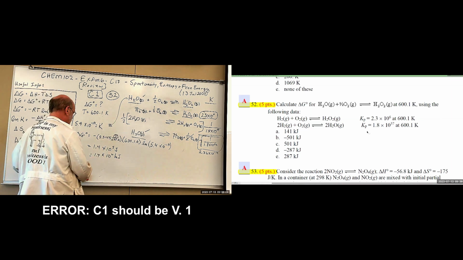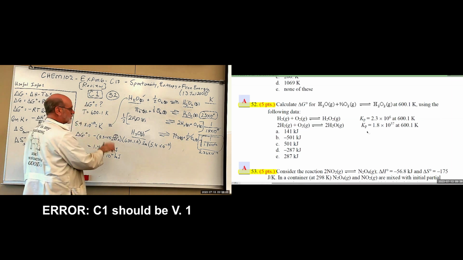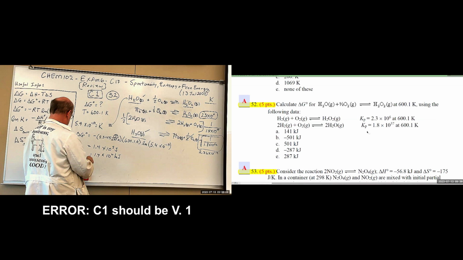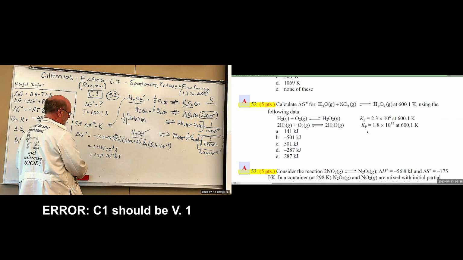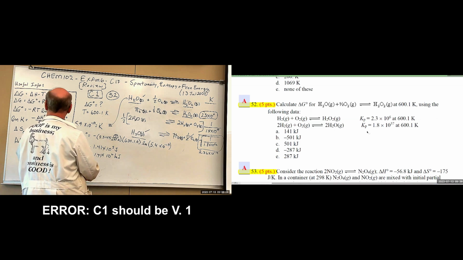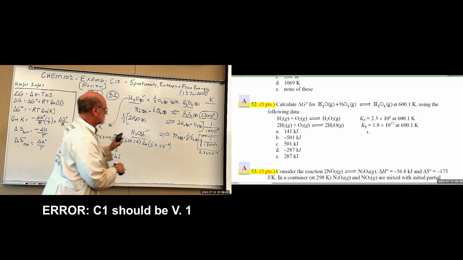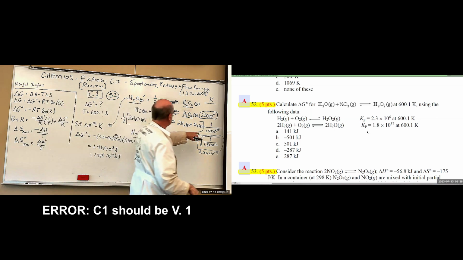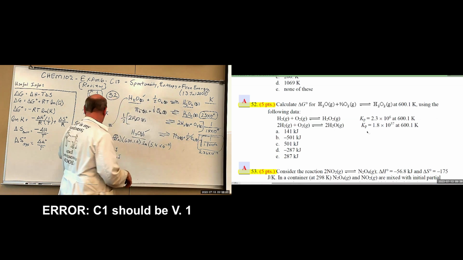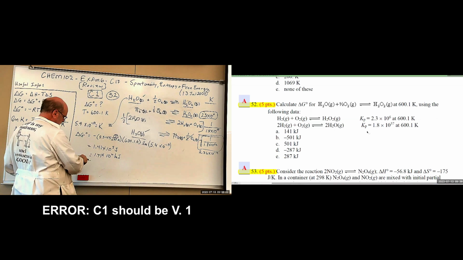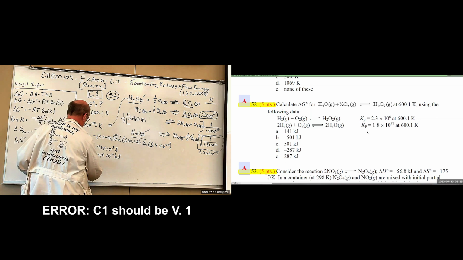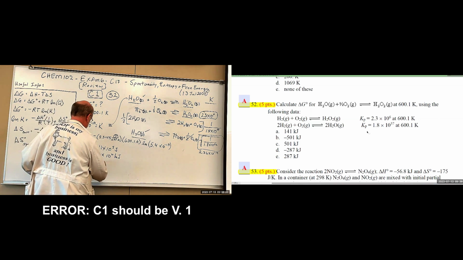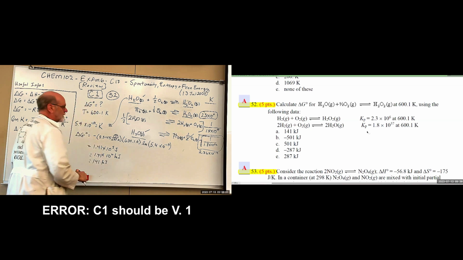But it's in standard notation. So let's move the decimal over to the right. I could put a one, we rounded it to that many places. Problem is, we've only got two significant figures working out here. So pick the best answer, right? That's 141 kilojoules.